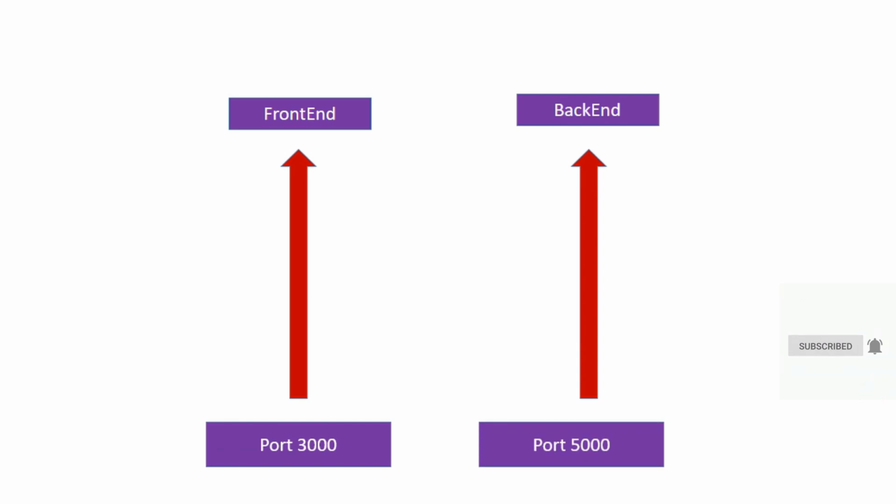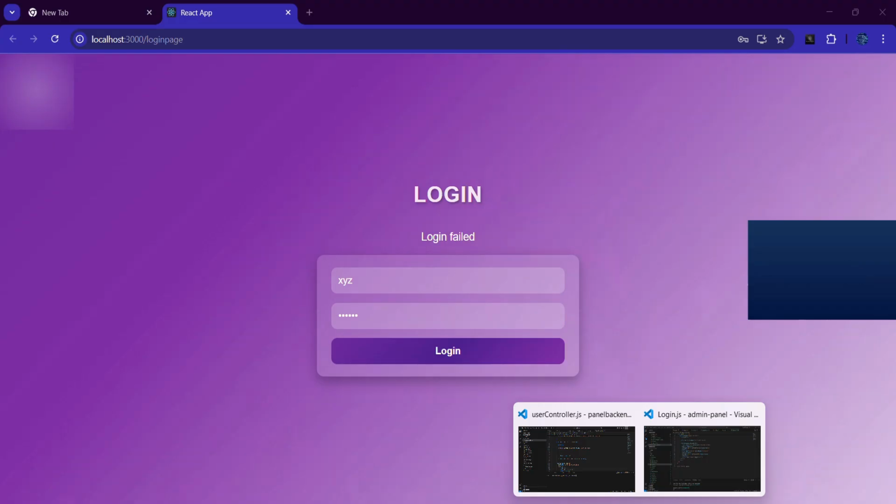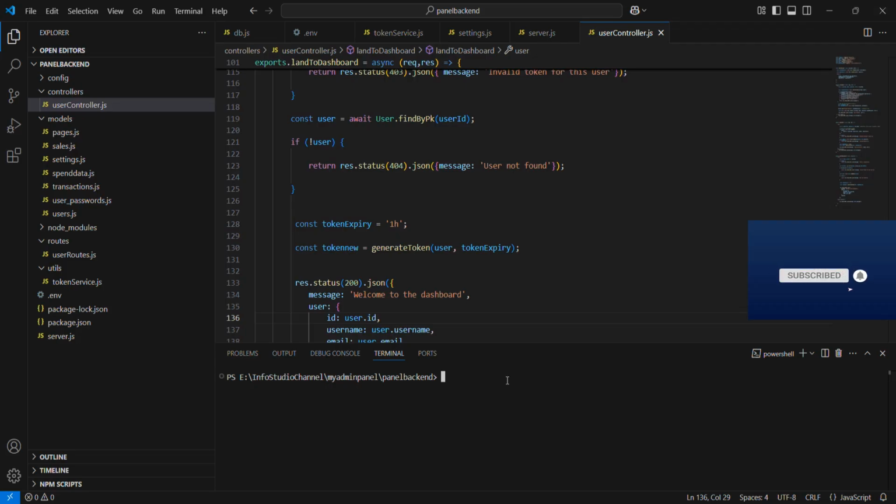In simple words, our front end is running on port 3000 and our backend is running on port 5000. We need to find a way to allow the front end to communicate with the backend. Let's make it happen by installing CORS in the backend project.